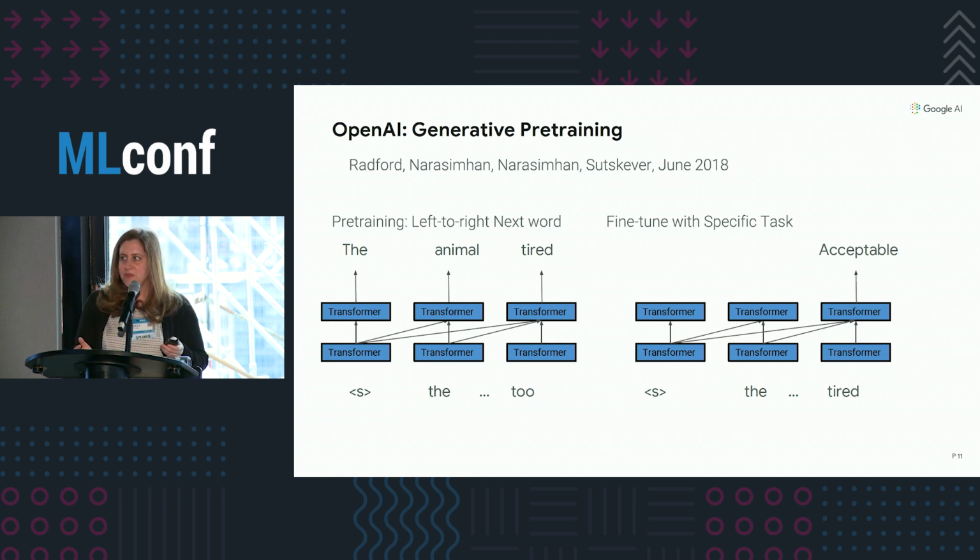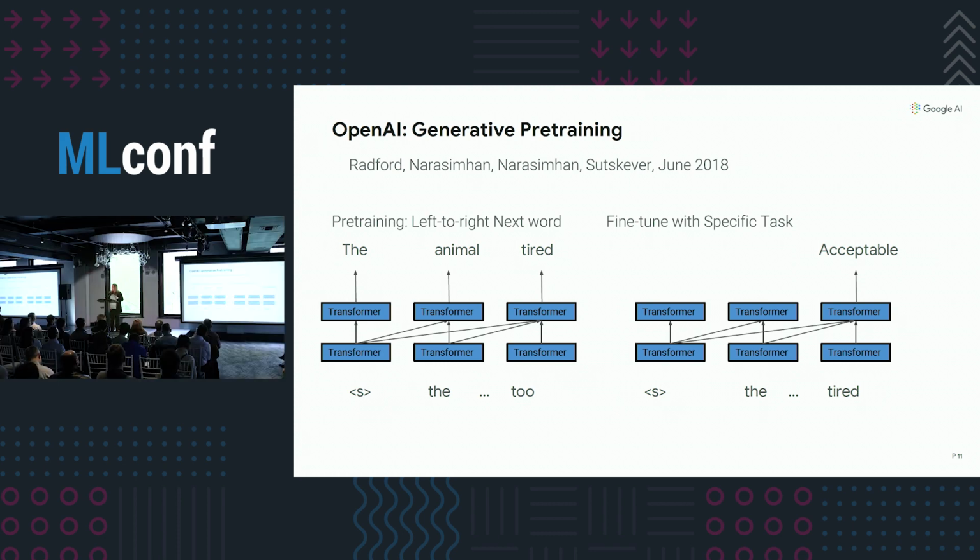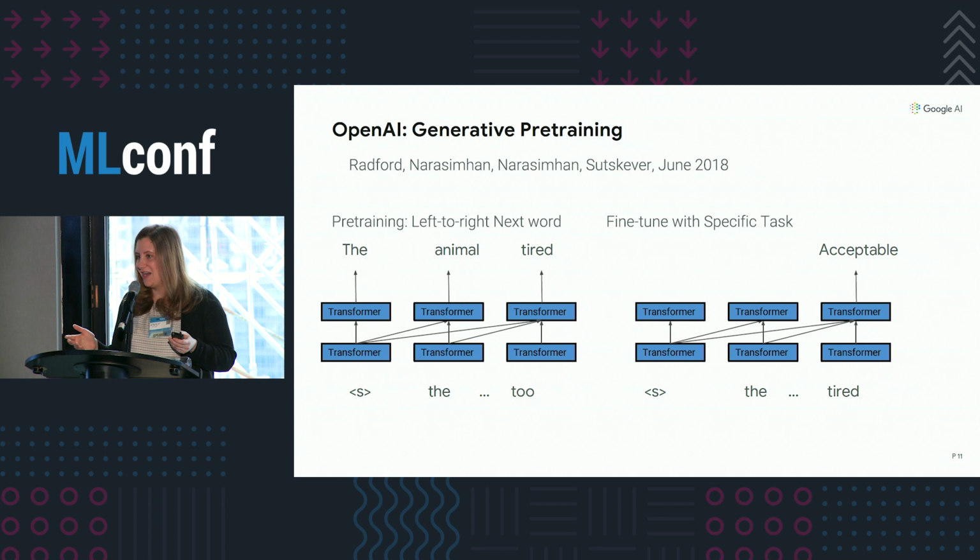The other good thing is that this next word prediction task forces you to learn a lot about language. If I have to say, okay, the animal didn't cross the street because it was too, as a human, tired is plausible, whereas something like elephant or fireflies are not.